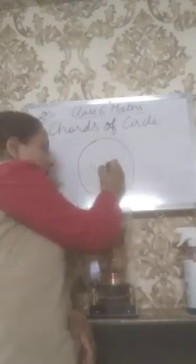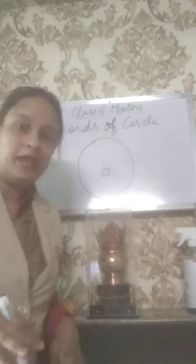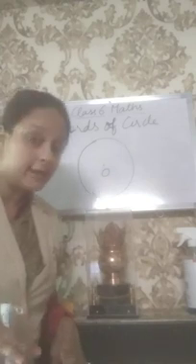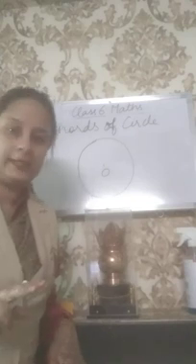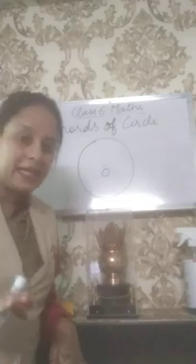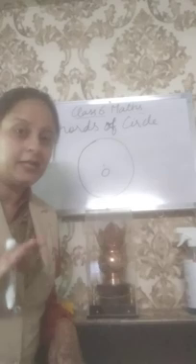I have drawn the circle and its center O. Now a chord is any line which is inside the circle and touching the circle in 2 points. I am repeating myself. Chord is any line segment which is inside the circle and touching the circle in 2 points. Alright.